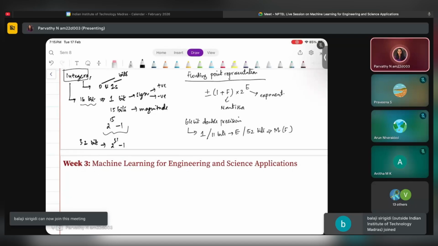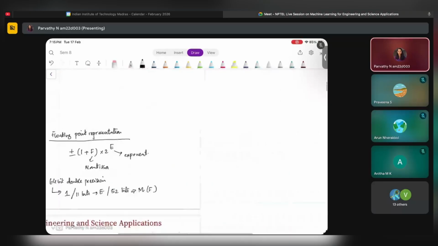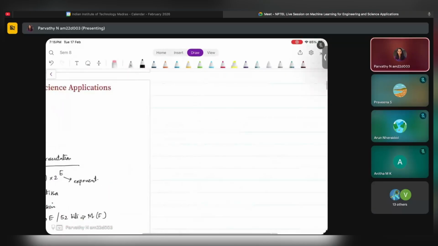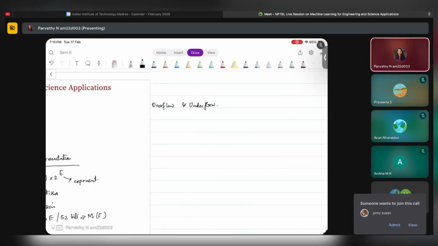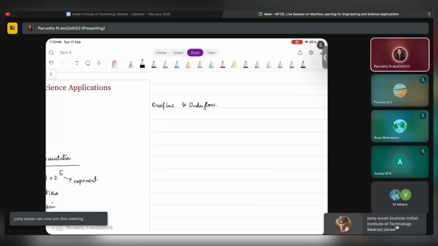Now coming to overflow and underflow. Overflow occurs when a number exceeds the maximum representable value.